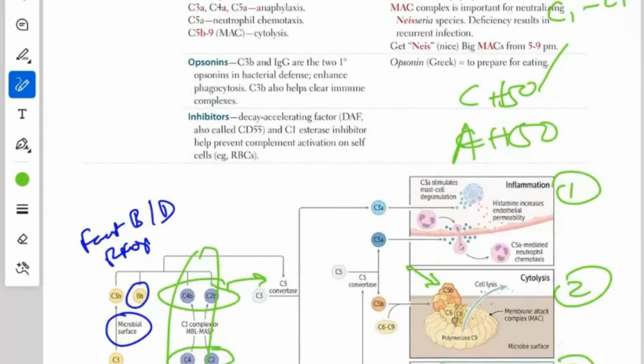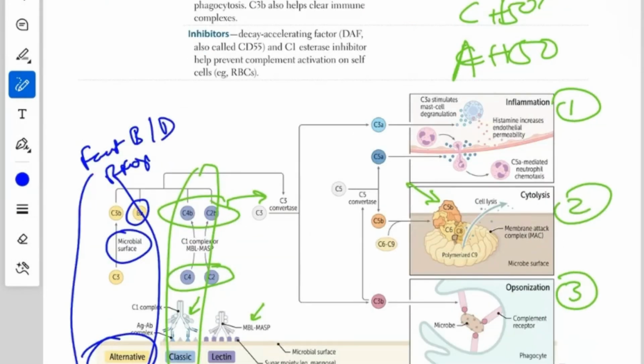The AH50 looks more at the alternative pathway: factor B, factor D, then C3 to C5, C9.